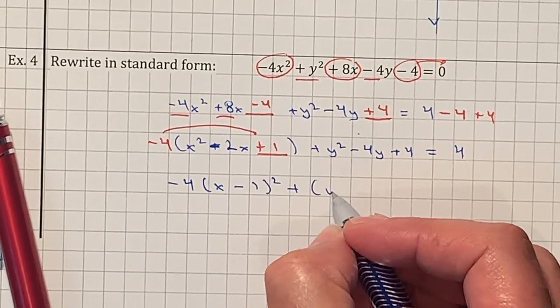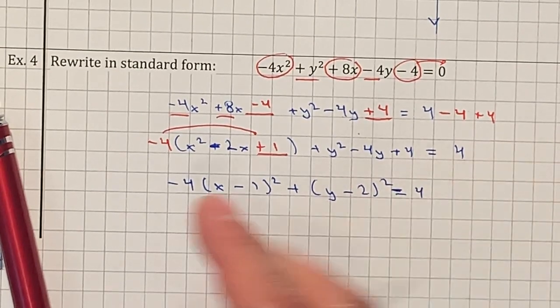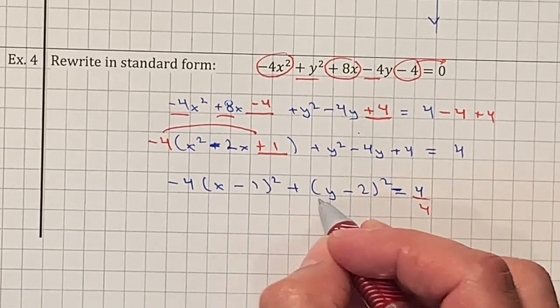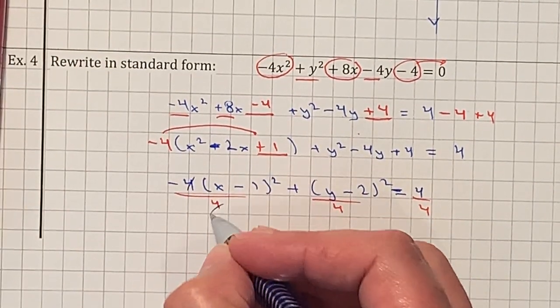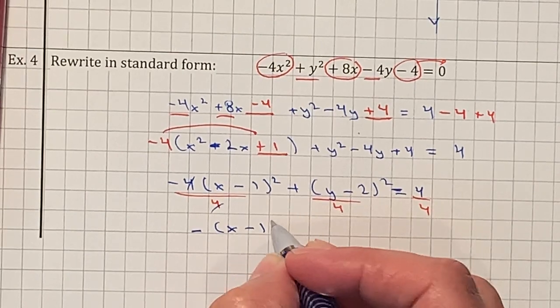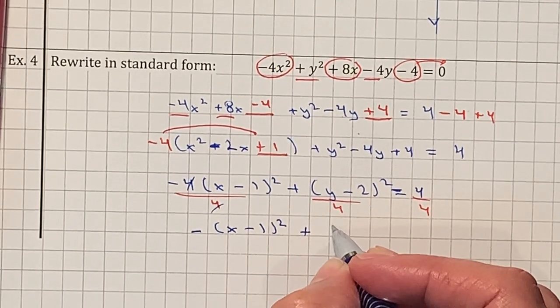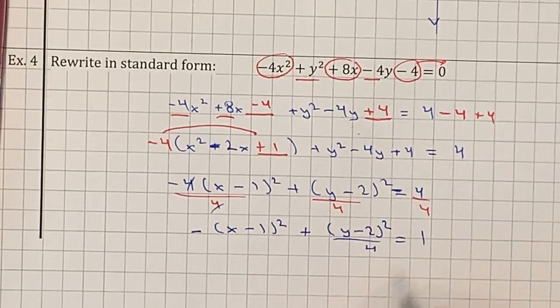And y minus 2 squared equal to 4. Then divide by 4, divide by 4, divide by 4. So it gives me negative x minus 1 squared plus y minus 2 squared over 4 equals 1.